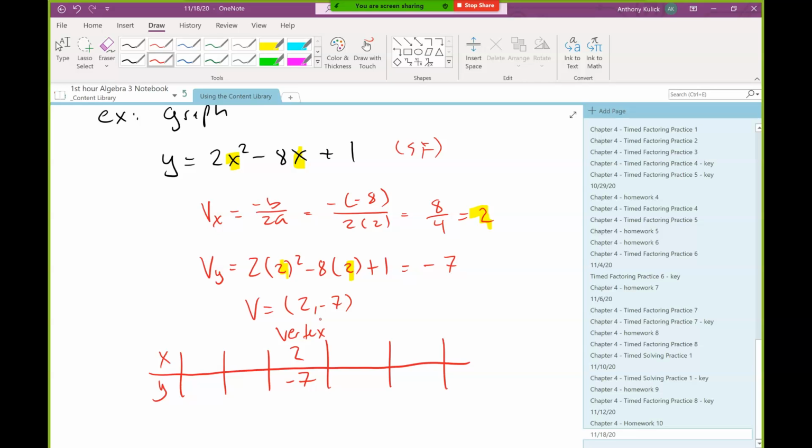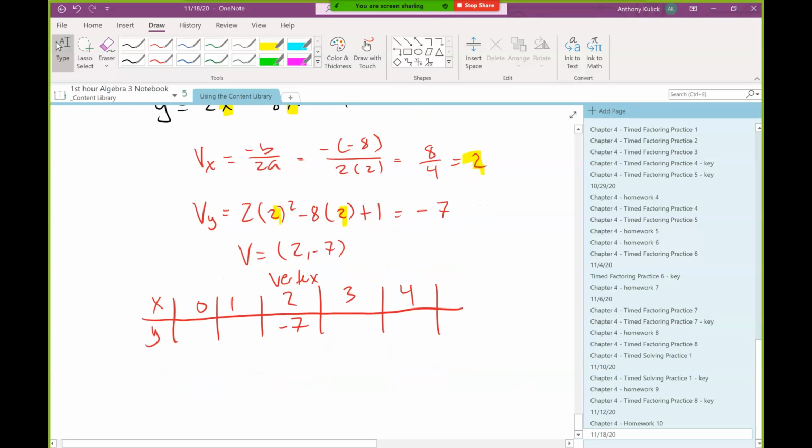To do that, I'm going to choose x's. I want to pick 2 x's that are less than the vertex's x-coordinate, and 2 x's that are bigger. There's no reason to be tricky or fancy here. I would just pick 1 and 0 for numbers less than 2, and 3 and 4 for numbers bigger than 2. Everybody okay there?